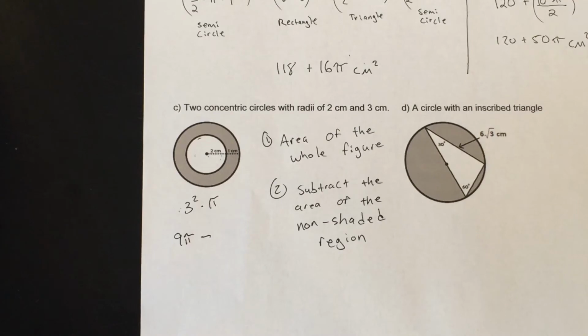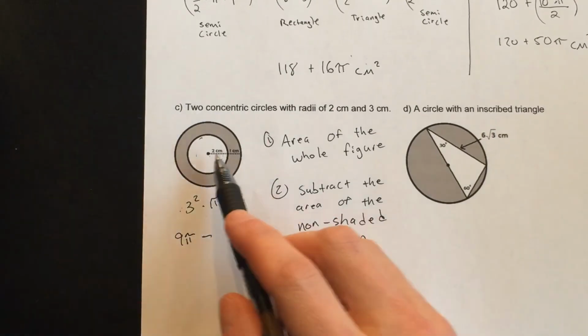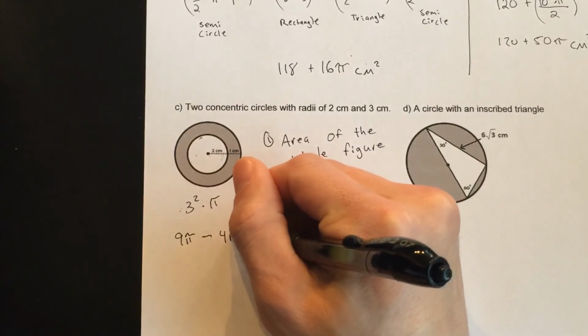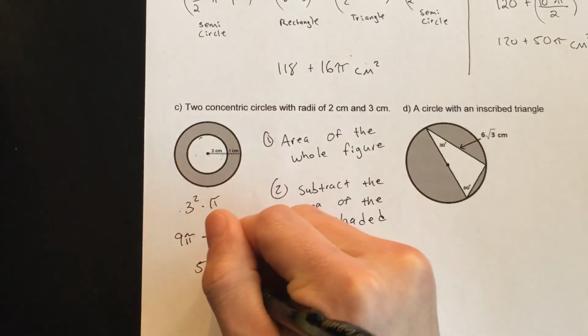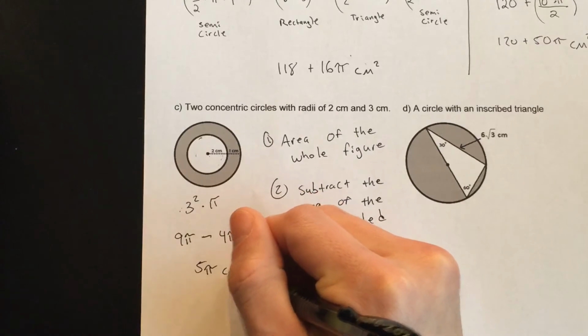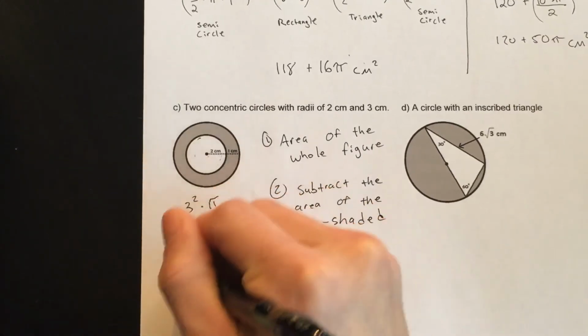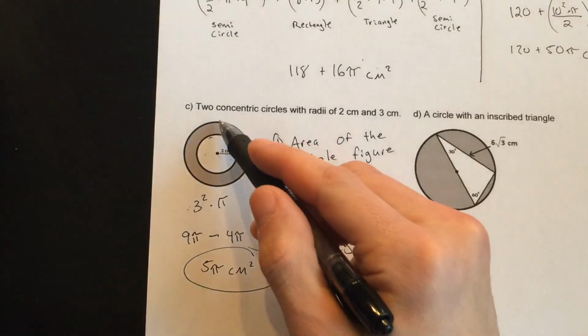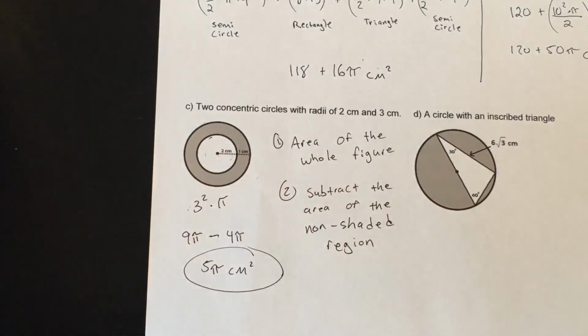Well, that's 2 squared times pi. 2 squared because the radius of the inner circle is 2. 2 squared is 4. That means my area of the shaded region is 5 pi square centimeters. Again, the entire area minus that white area.